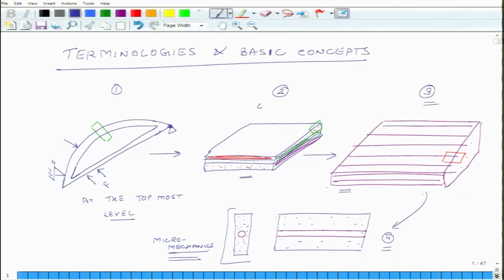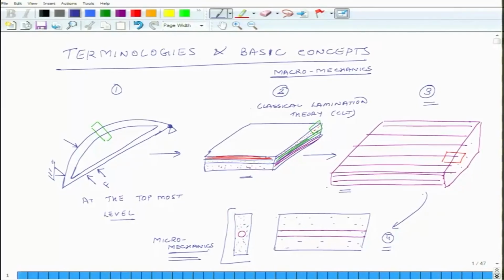That is known as classical lamination theory, CLT, and this comes from a body of knowledge known as macromechanics.